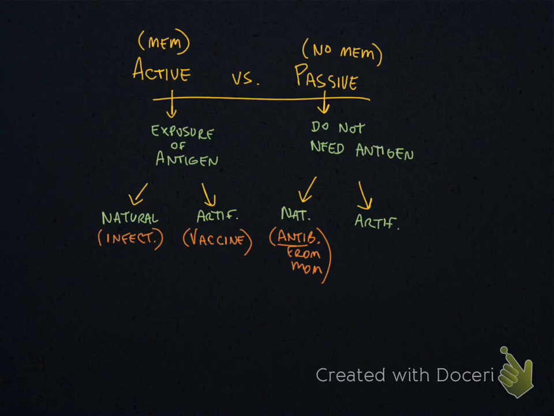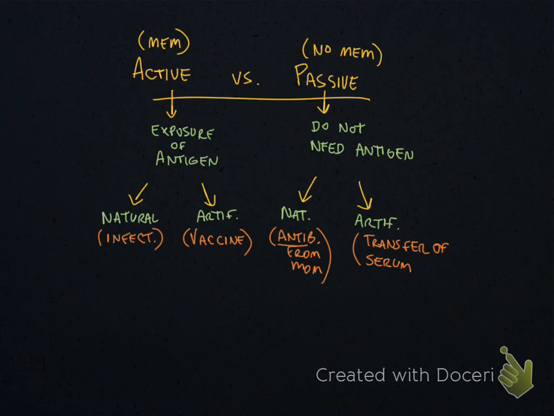Artificially, an example of this would be a blood transfusion from somebody else, where you could get transfused just antibodies in a serum or a fluid transfer. So we'll write: transfer of serum, which is the fluid containing the antibodies.